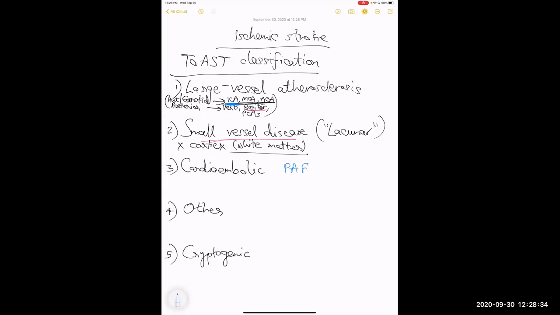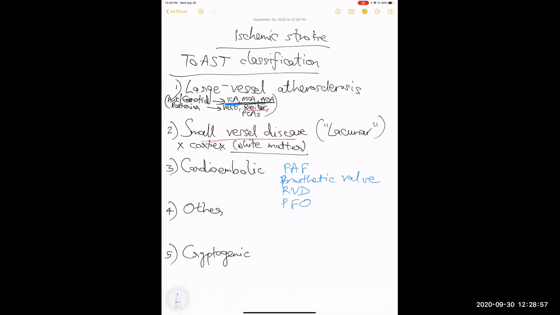Some of the other cardioembolic causes for ischemic stroke are valvular disease. So, for example, if a patient has a prosthetic valve, that's one thing, but they may also have rheumatic valvular disease or a history of rheumatic valvular disease.